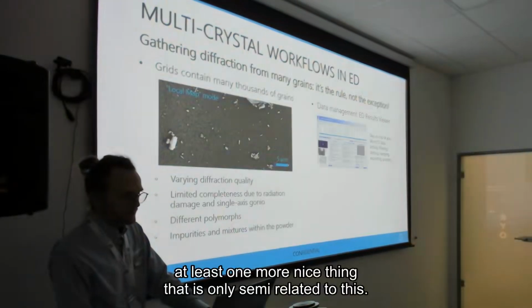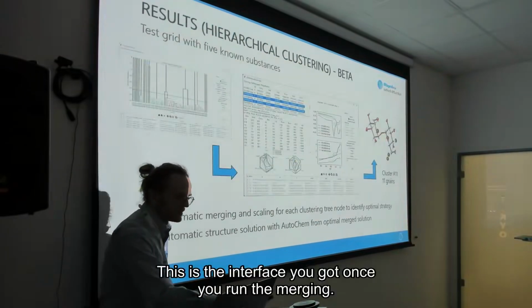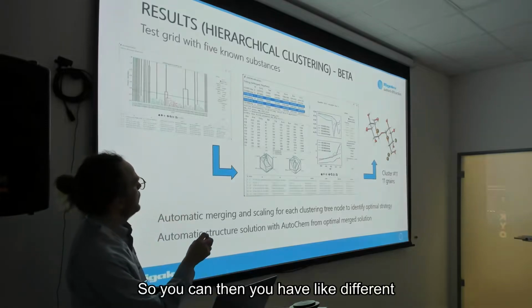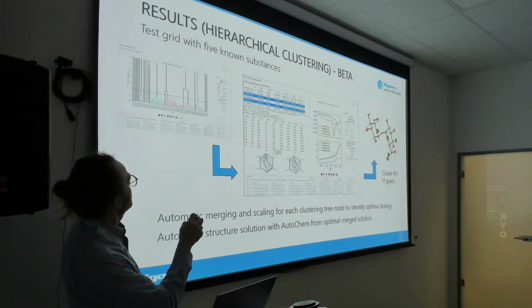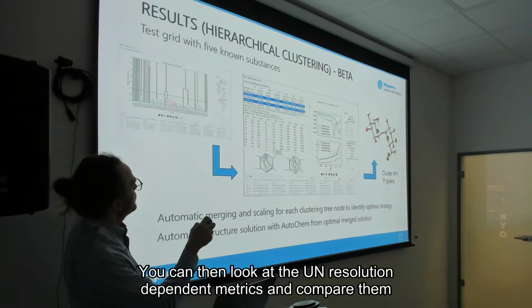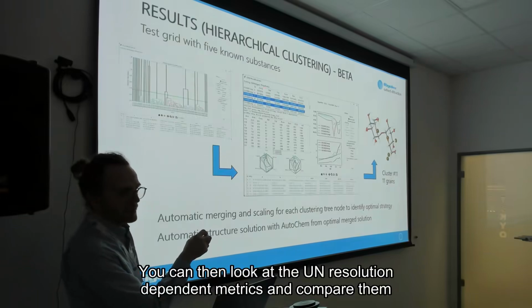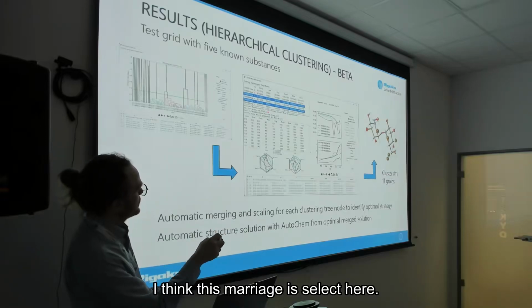Because I want to show you at least one more nice thing that is only semi-related to this. Just here, this is the interface you get once you run the merging. So for each of those nodes, you get a line here. You can then look at the resolution-dependent metrics and compare them by just selecting several of them, then have resolution-dependent plots of figures of merit to select here.